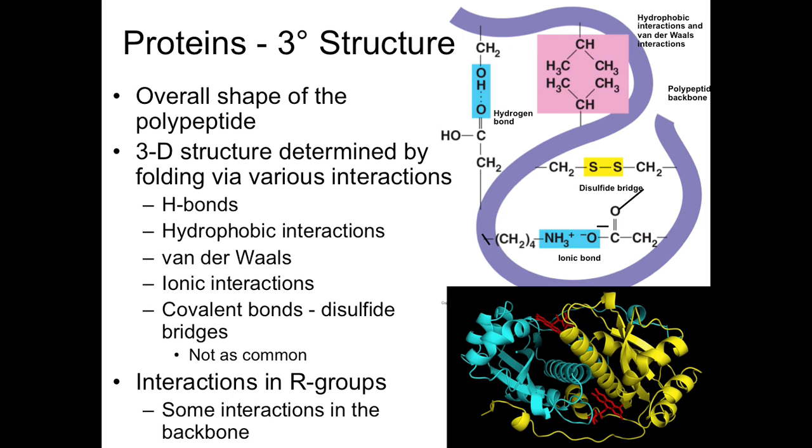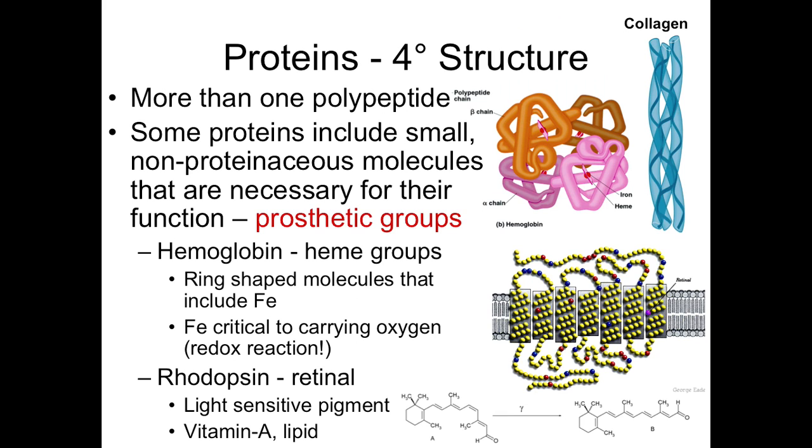Now, some proteins only have tertiary structure. Proteins that consist of a single polypeptide will only have tertiary structure. But most proteins consist of multiple polypeptides or multiple subunits. And so those types of proteins will have quaternary structure. Now, actually, quaternary structure can arise in two ways.